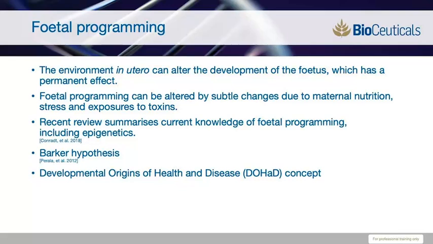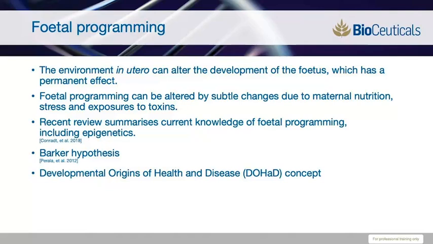And we now know a lot more about the chemicals, the toxins, the genes that play a role here. So the environment in utero can alter the development of the fetus, which has a permanent effect. So it affects the individual in their adult life. Fetal programming can be altered by subtle changes due to maternal nutrition, stress and exposures. And this recent review here, which was published last year, 2018, goes through all of this.